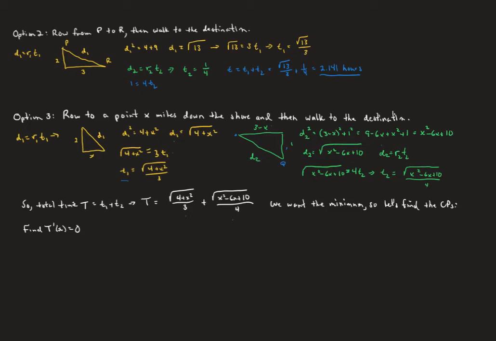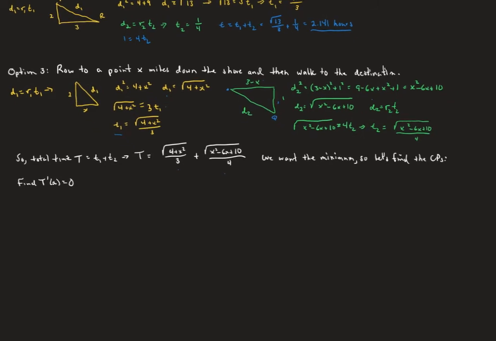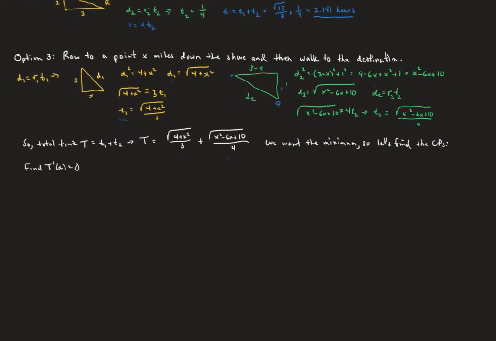And we're going to try to find what that minimum time is. So to find a minimum, we are going to take the derivative, set it equal to 0, and try to solve that and find out what that time is and see if it is actually less than our 2.141 hours.